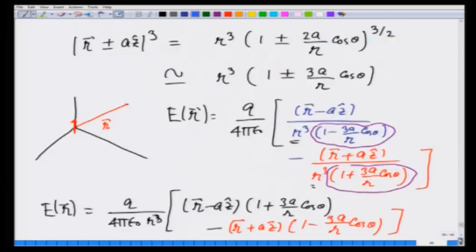Let me check if I am doing it correctly. Yes, this is indeed correct.